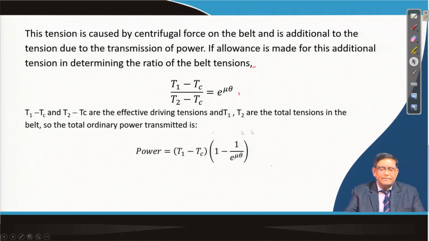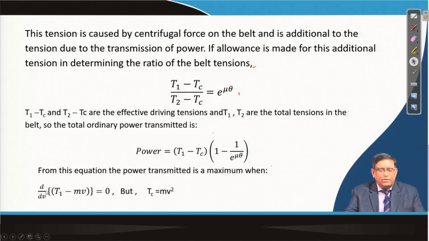The power required, that means the total effective tension, will be the product of these two. This is how you can calculate it: the power transmitted can be maximum when, if you differentiate it, the derivative is 0.